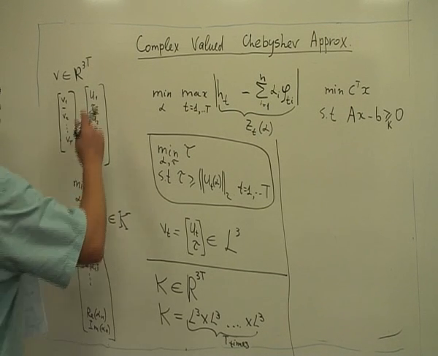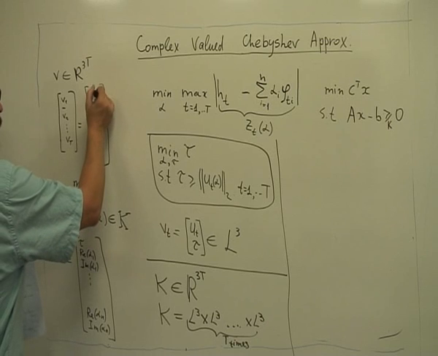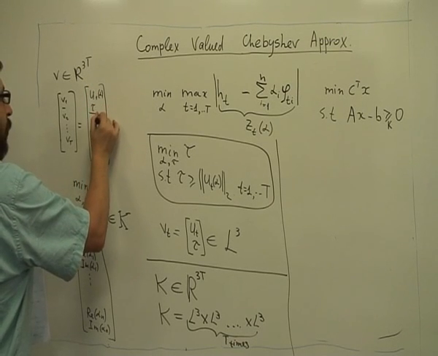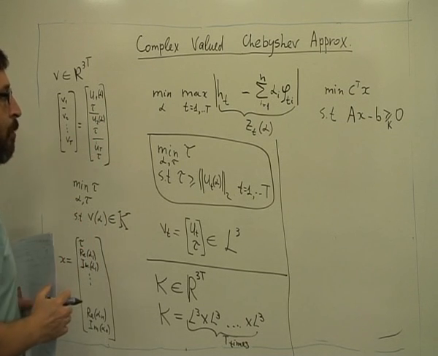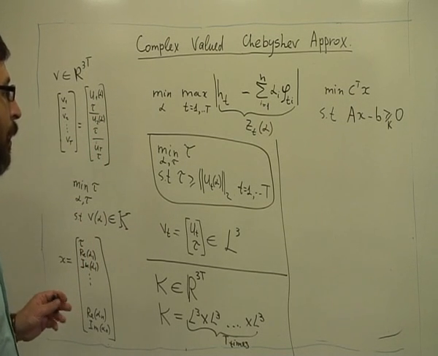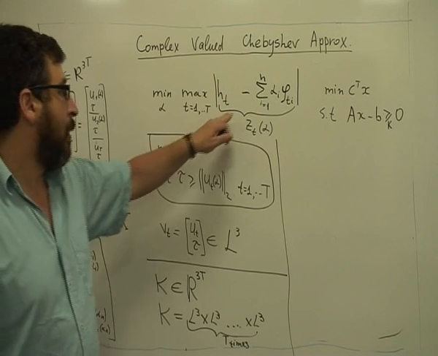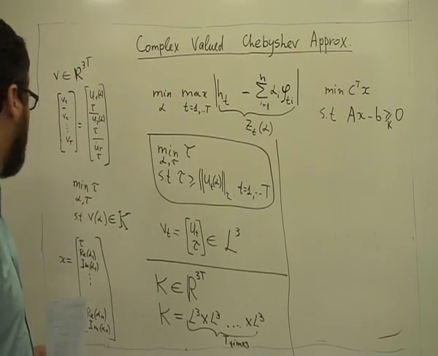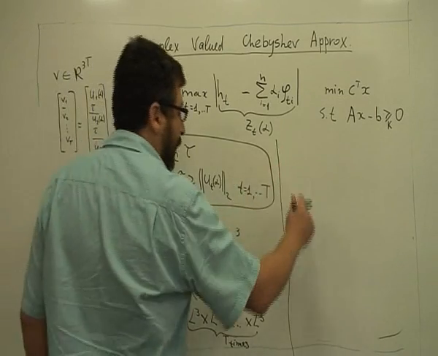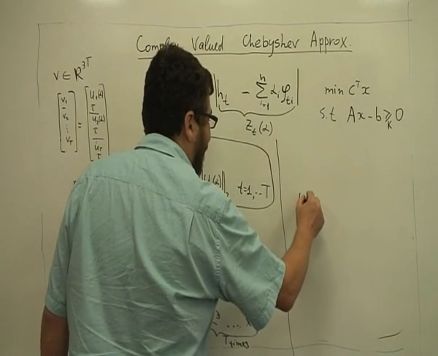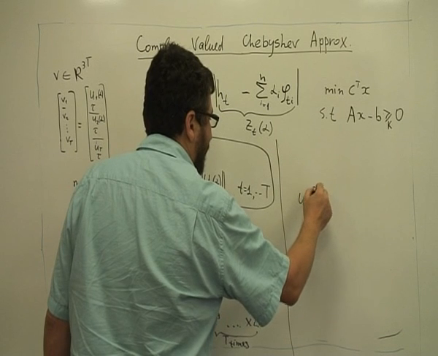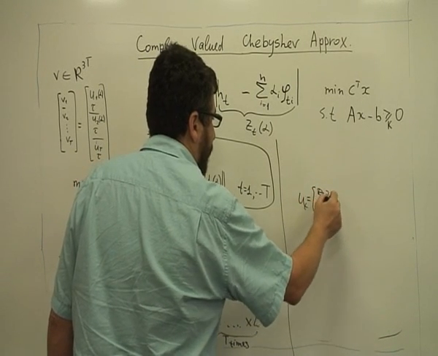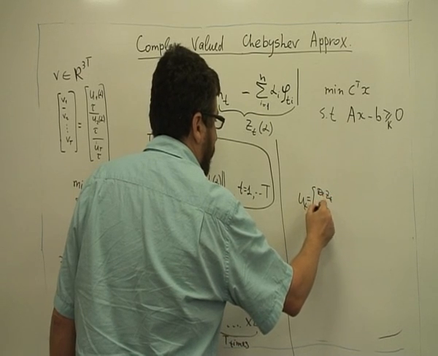And what depends on alpha is U1, U2, and so on. How does it depend on alpha? This is a linear function of alpha, and I just remind you what I just erased, that U was real Z1, imaginary Z1, up to real ZT and imaginary ZT.